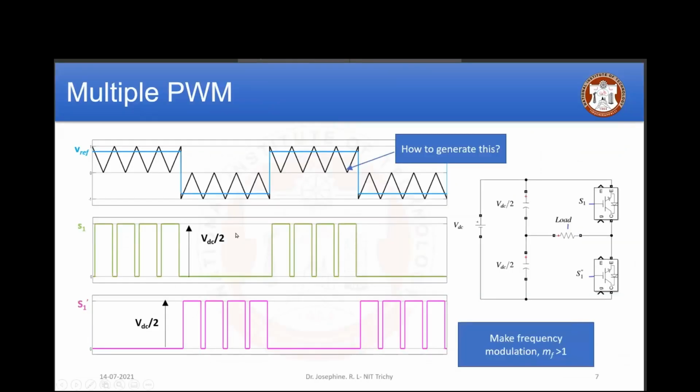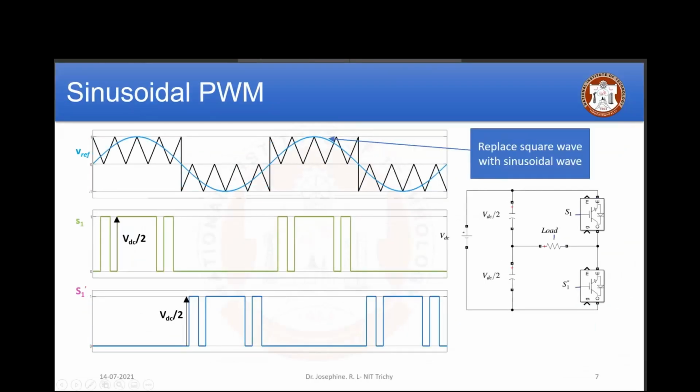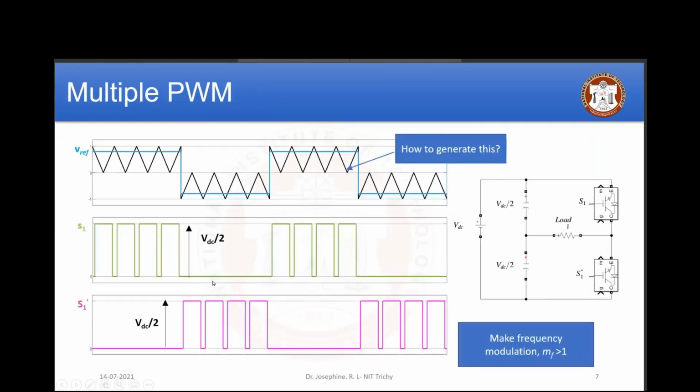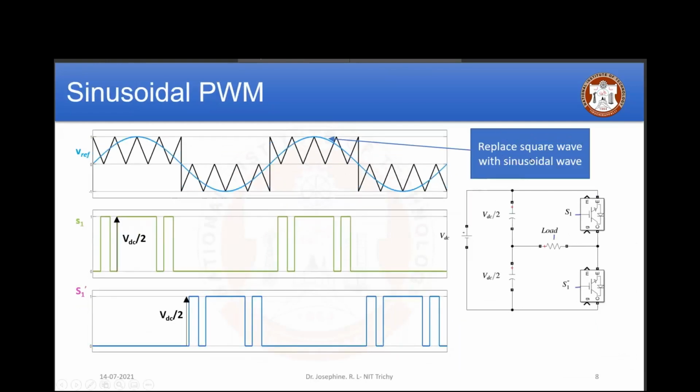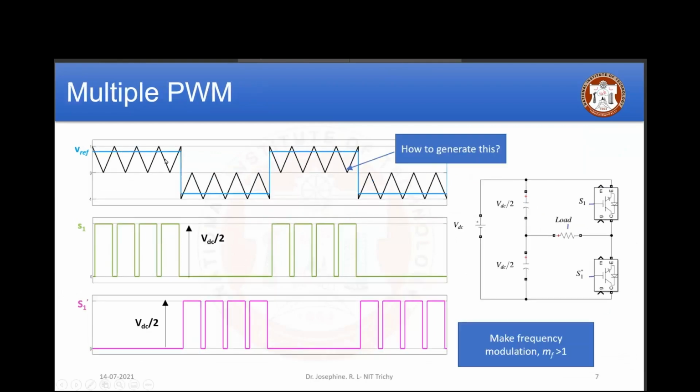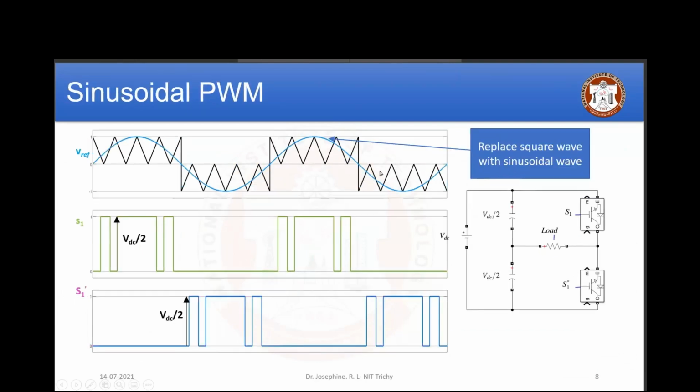So this is multiple pulse width modulation. The next one is sinusoidal pulse width modulation. There is not much difference between multiple pulse and sinusoidal. Just replace the square wave with a sinusoidal wave. Here we have a square wave. Instead of that, I'm just going to use a sinusoidal wave here.